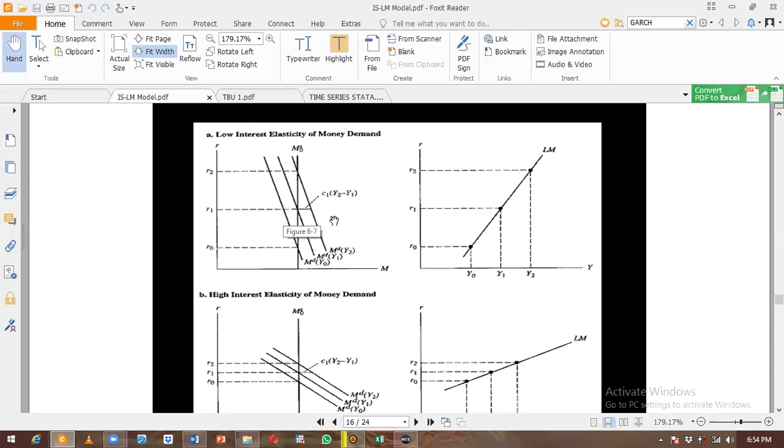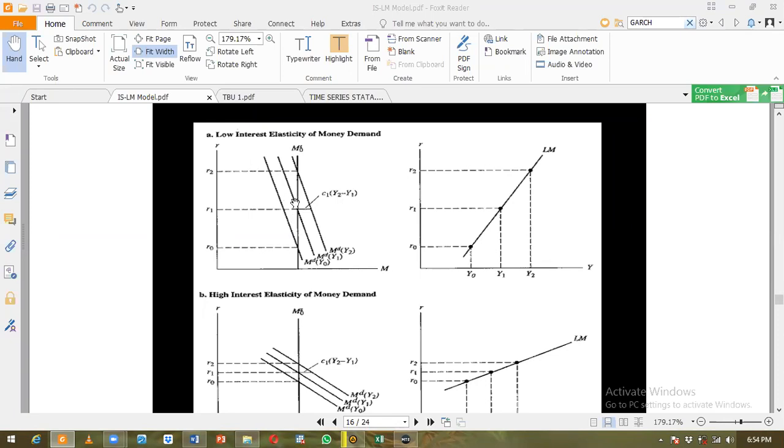It's all because the demand for money is not really responsive to the interest rate. If income increases, causing an increase in the demand for money, before you can induce people to hold bonds, you really need to make them more attractive. That is the reason why the interest rate must be very high.